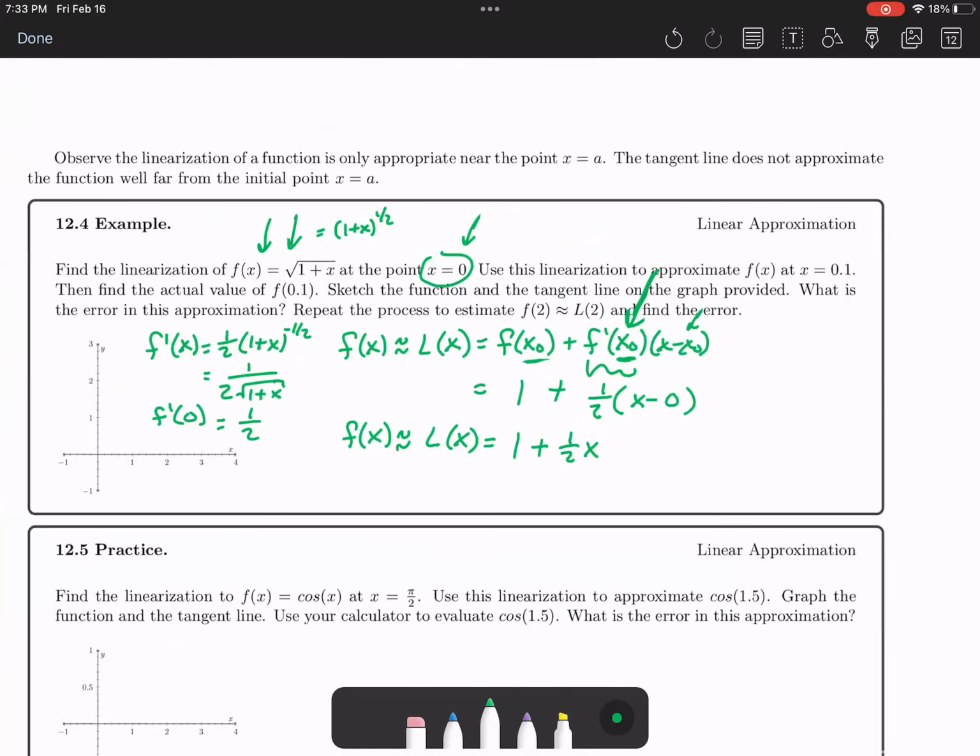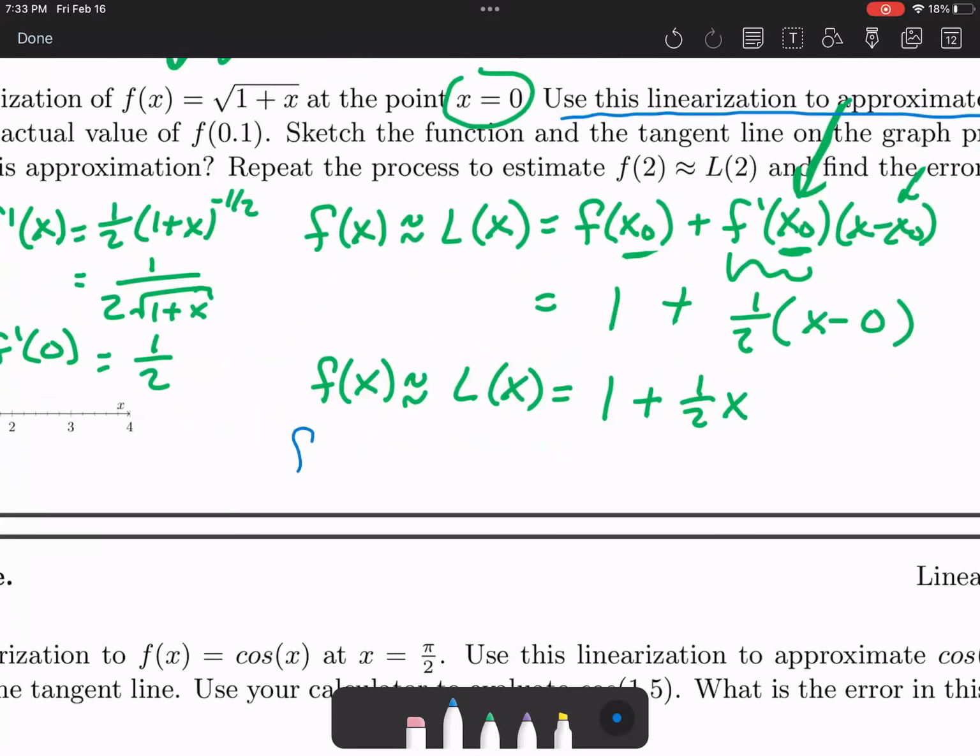All right, now we want to use this linearization to approximate the function value at 0.1. So f at 0.1 is approximately the linear function at 0.1, which is 1 plus 1/2 times 0.1, which is 1 over 10. I like fractions.